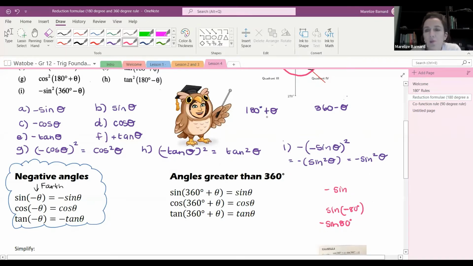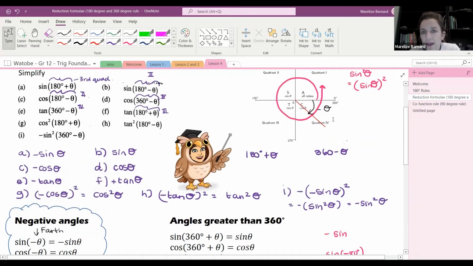So if you just think about the rotation and into which quadrant, you're just moving the other way around. Then you can still use your CAST diagram to know where the trig ratio is positive or negative, even though the angle is negative. It's just going the other way. Thank you very much. Sure.